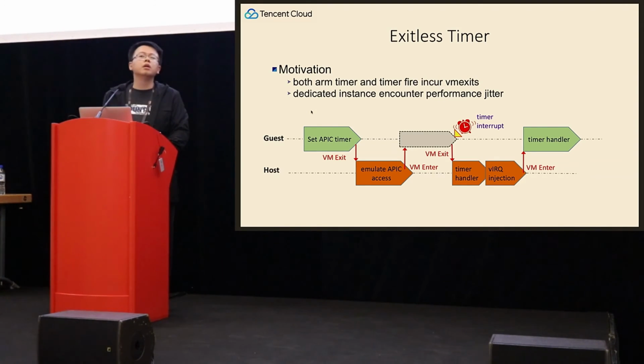So for this, there are two possible solutions. One that I strongly discourage is to do IDT shadowing and a lot of ugly stuff, such as in the old exitless interrupt paper, to pass the TSC deadline MSR directly to the guest. This is possible, but not really recommended.